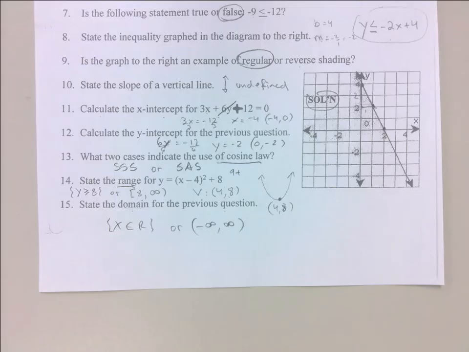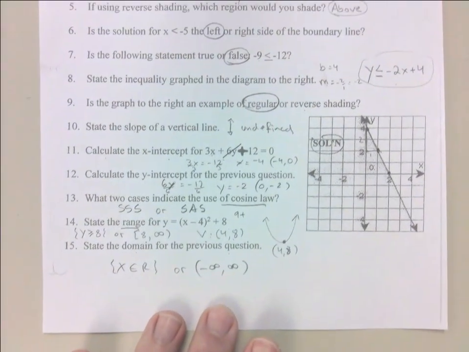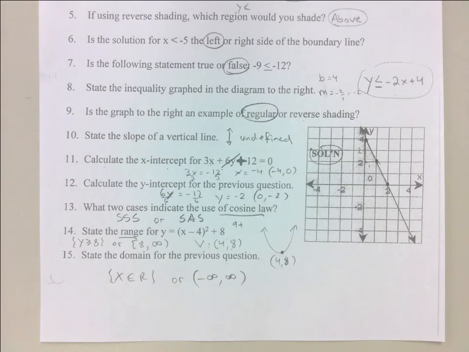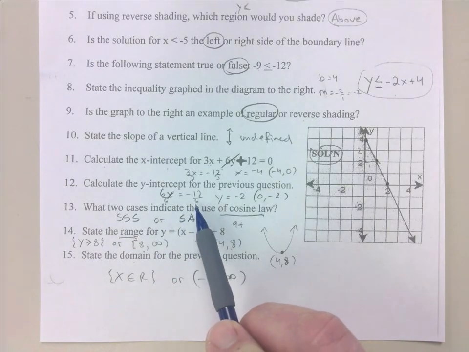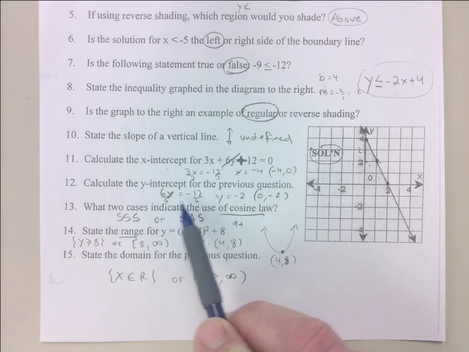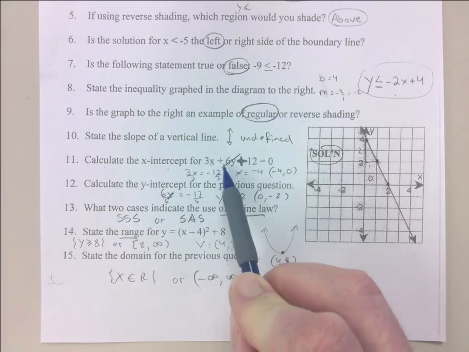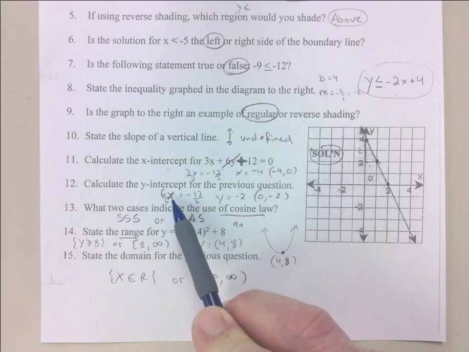So we've got 14, yeah. I'll be dividing by positive 6 because the 6y stays on the left-hand side.